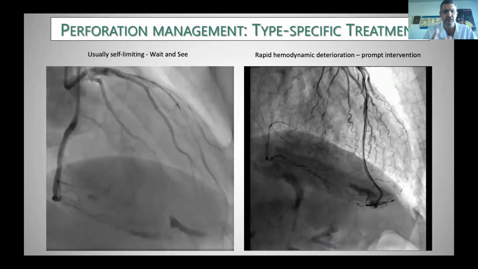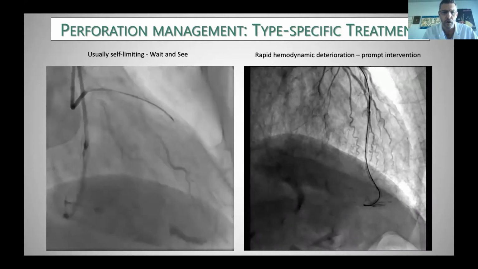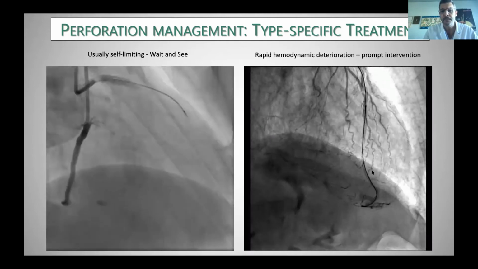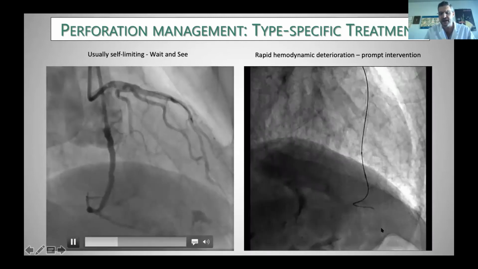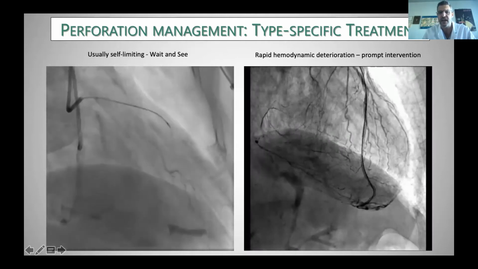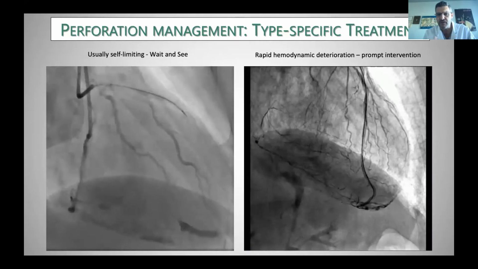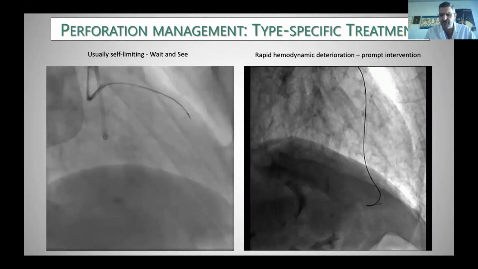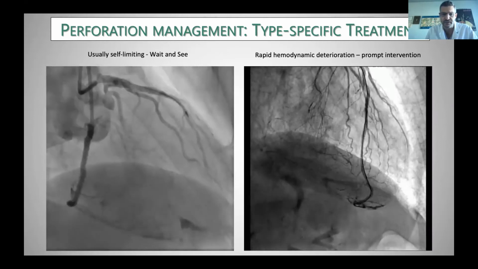So in case of doubt, of course, you should go on with embolization, but the first strategy is to wait and see. Differently, in case of epicardial collateral perforation, this kind of complication can lead to a rapid hemodynamic deterioration, and they need a prompt intervention, such as distal embolization.